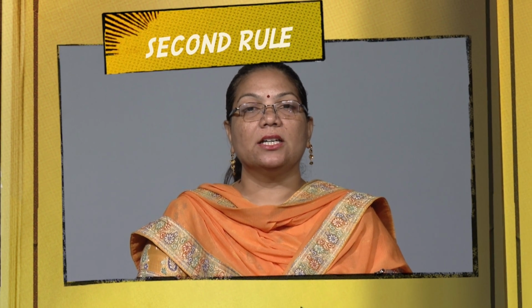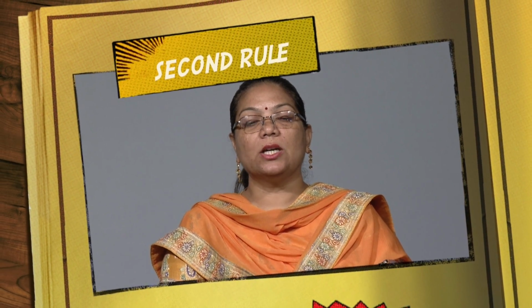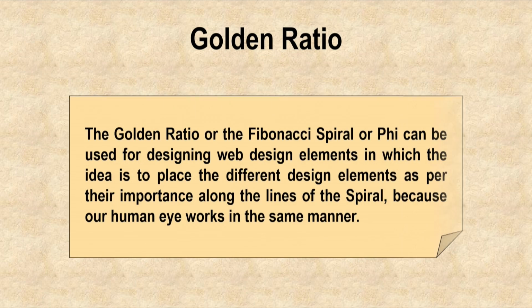The next image composition rule is golden ratio. Golden ratio, or sometimes it is also called as Fibonacci spiral or phi, it can be used for designing web design elements in which the idea is to place the various designing elements as per their importance along the lines of the spiral, because our human eye also works in the similar manner.